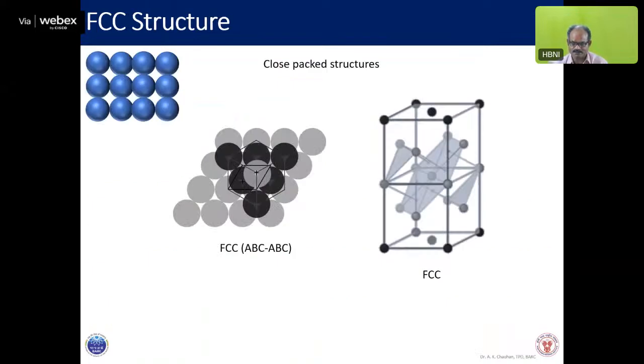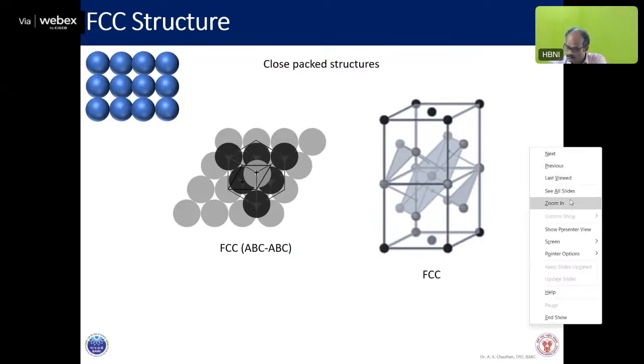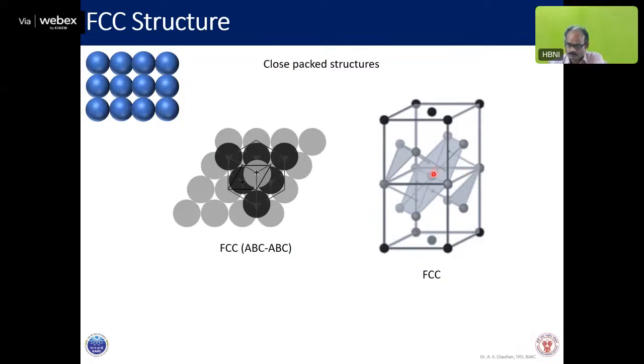How do you see it is a close-packed structure, though it looks like spheres? It looks like this. This is an FCC structure. Let us consider atoms at each corner point, 1, 2, 3, 4, 5, 6, 7, 8 atoms, and then there are 6 at the different faces.